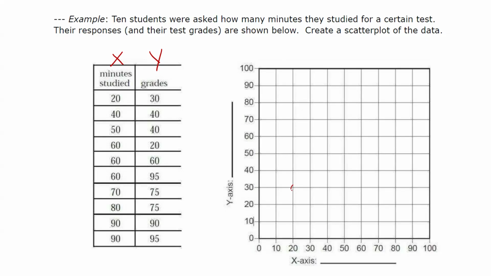So we have 20-30, we have 40-40, 50-40, 60-20, 60-60, 60-95, 70-75, 80-75, 90-90, and 90-95.